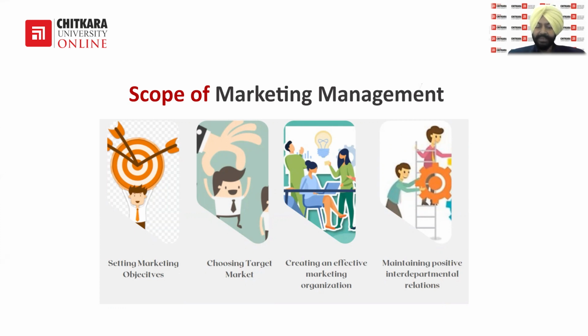And since a marketing plan has been set, the vision and mission is clear, and they've chosen the right target market, now is the time for effective market organization, putting all pieces together, putting all the right people at the right places, so that they can help in achieving or realizing their long-term and short-term vision and mission.